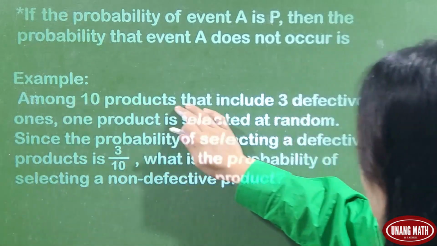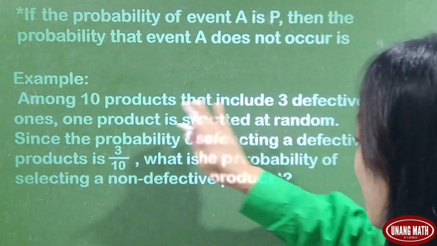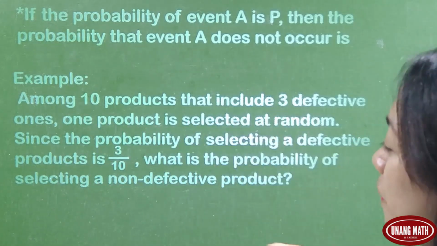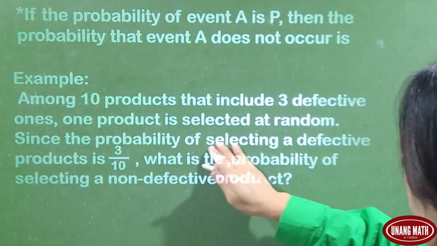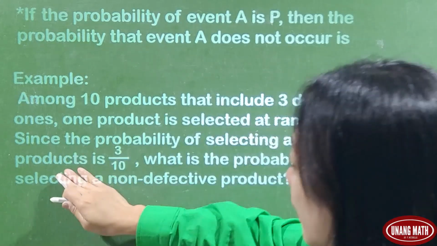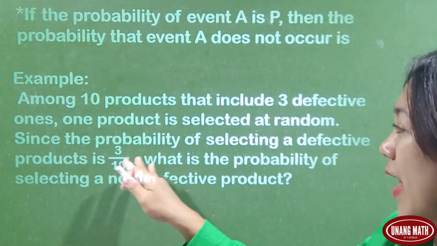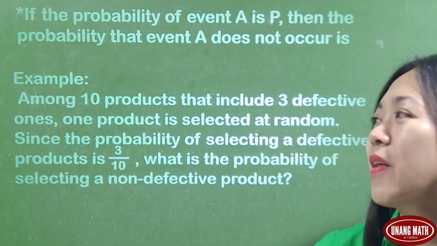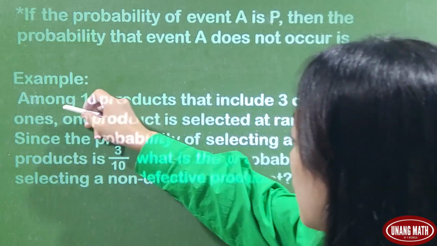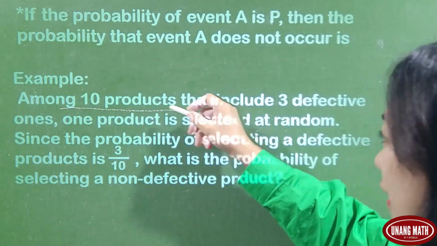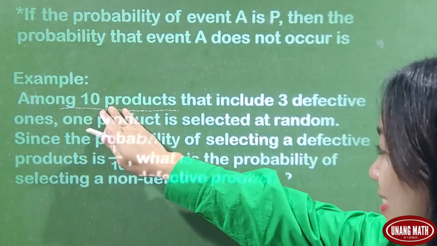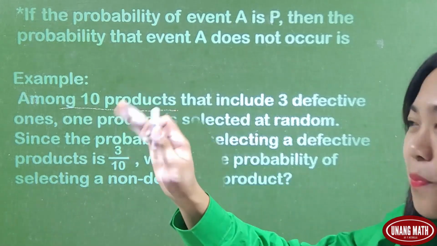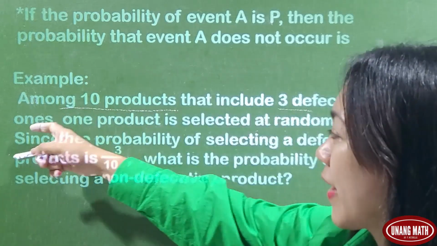Among 10 products that include 3 defective ones, one product is selected at random. Since the probability of selecting a defective product is 3 over 10, what is the probability of selecting a non-defective product? According to this example, the total is 10 products, and among those 10 products, 3 are defective.